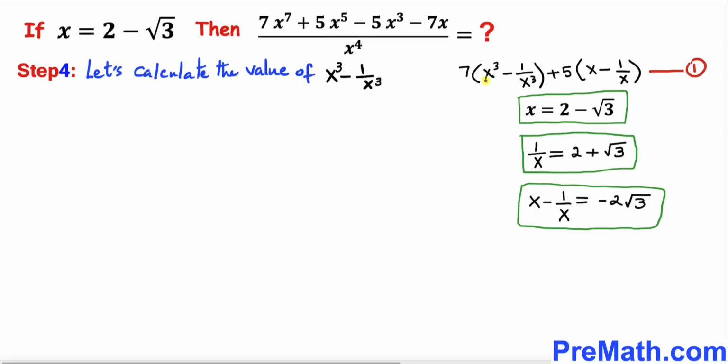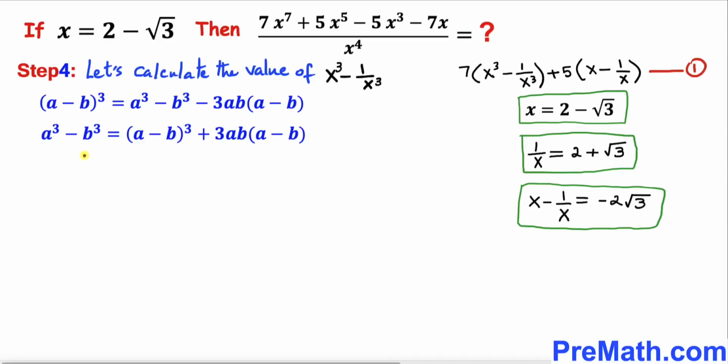And in this next step, we are going to find the value of x cube minus 1 over x cube. And now let's recall this famous identity a minus b whole cube. And now we wanted to isolate this part a cube minus b cube. So therefore, I'm going to move this part on the other side. And here in this next step, I have isolated this a cube minus b cube, and the rest of the stuff is on the other side.